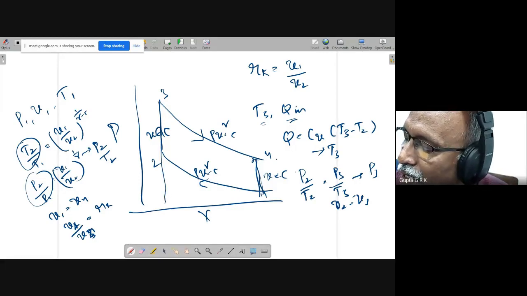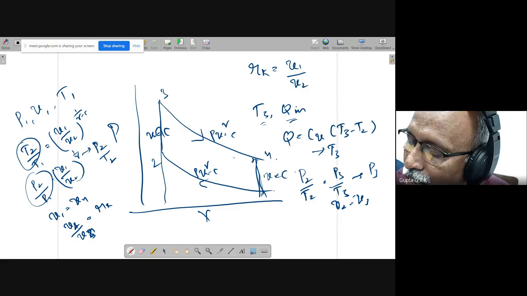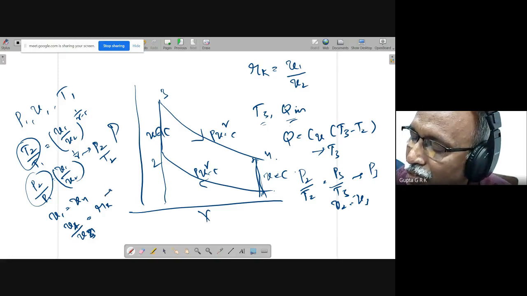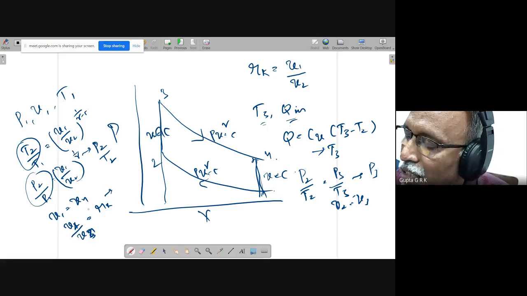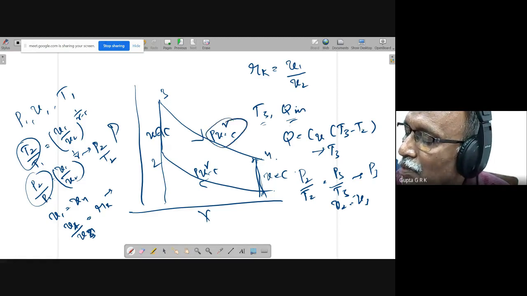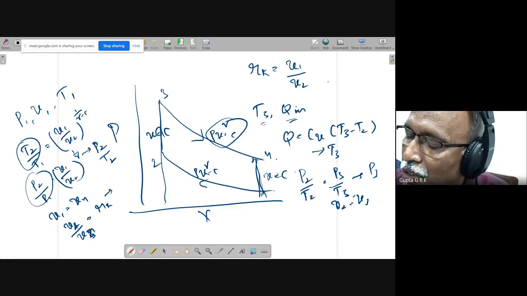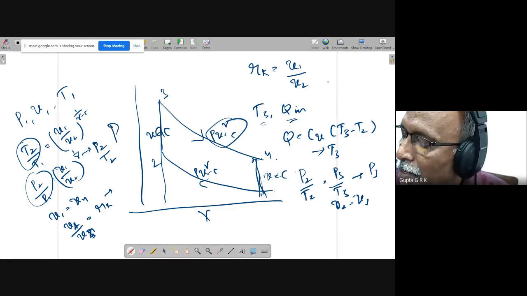So this compression ratio V4 by V3 is also rk only. Once I know V4 and V3, I can get P4 and T4 because PV to the power gamma is equal to constant. Once I know one property ratio, the other property ratios I can find out. So P4, V4, T4 I can find out. I got all the properties.